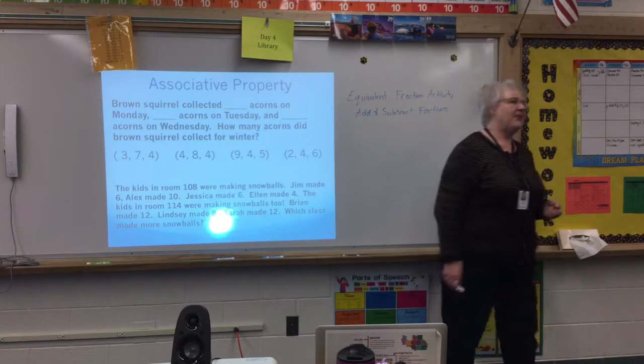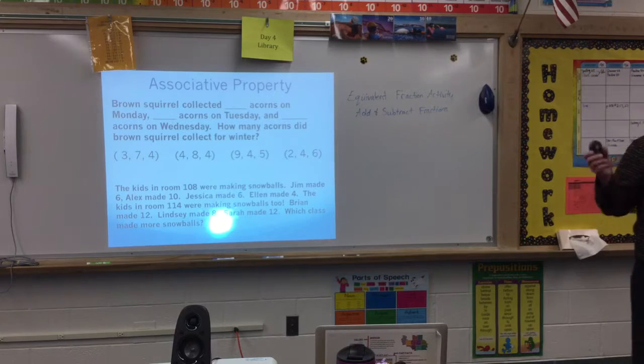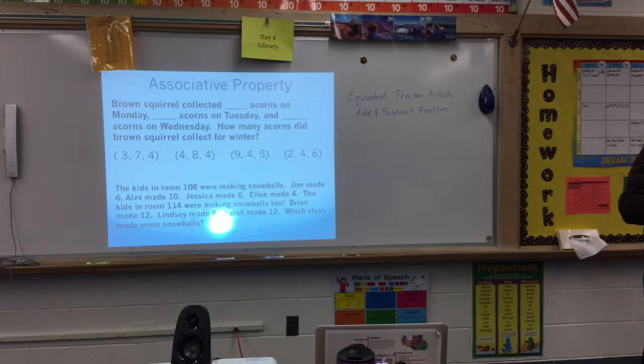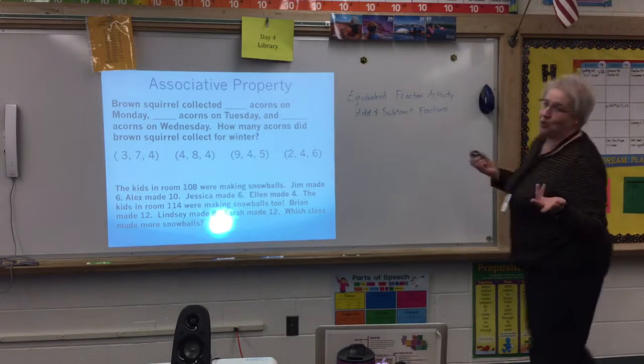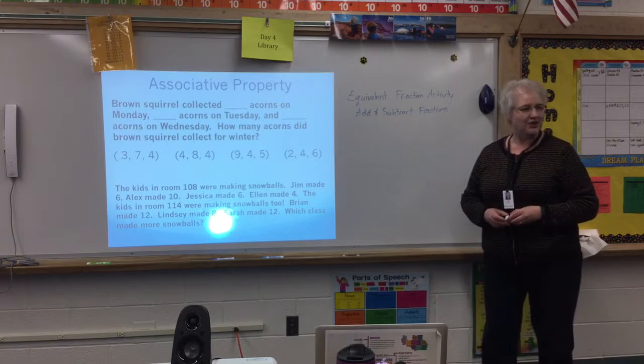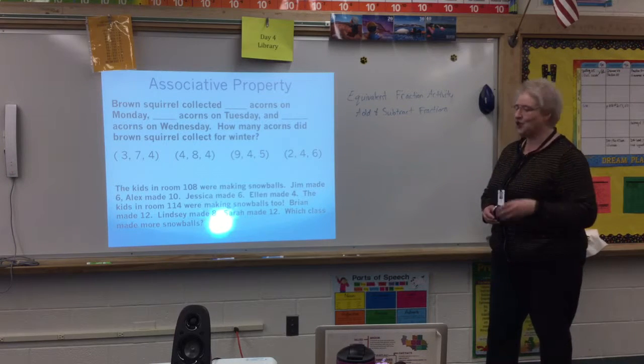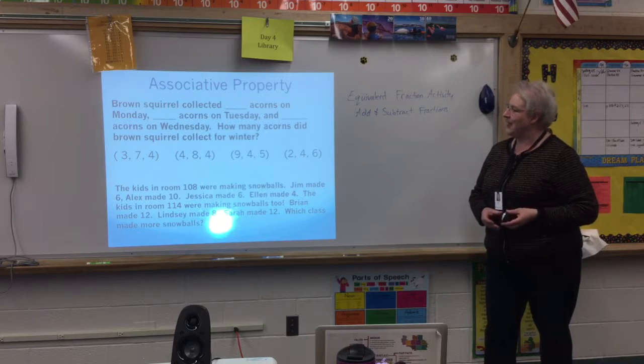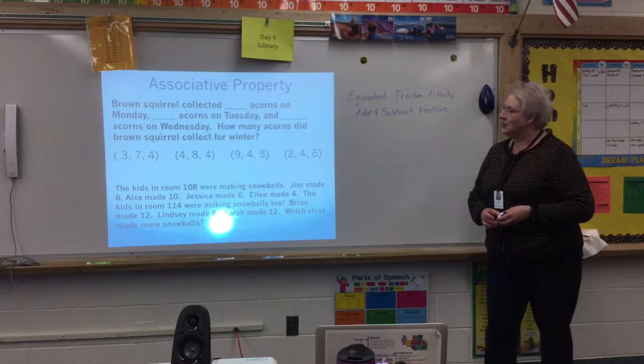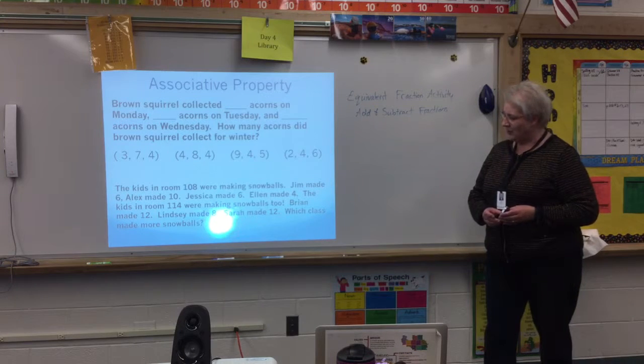Associative property is something that should be our students' friend, to move things around, to regroup them. So here, I'm talking about squirrels because I saw cute squirrel pictures on the news, you know, that kind of news feature. Brown squirrel collected blank acorns on Monday, blank acorns on Tuesday, and blank acorns on Wednesday. How many acorns did brown squirrel collect for winter?